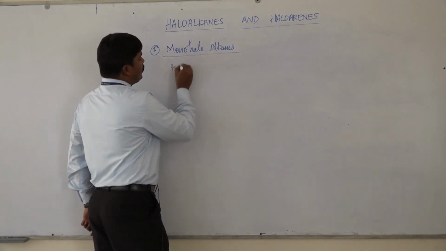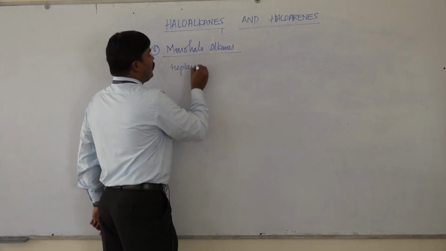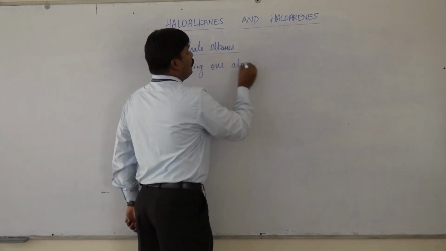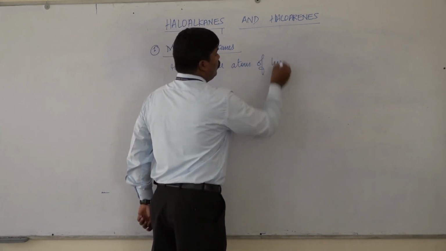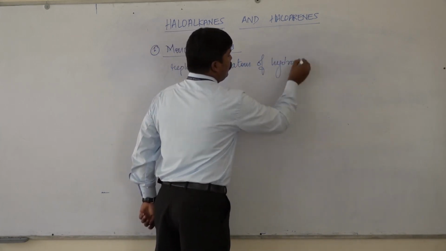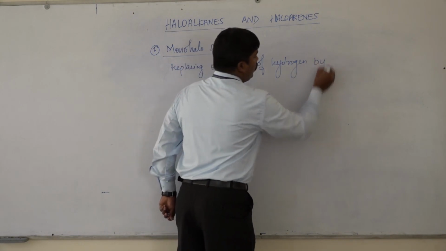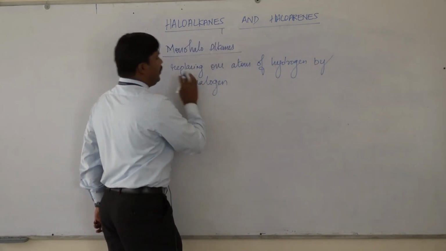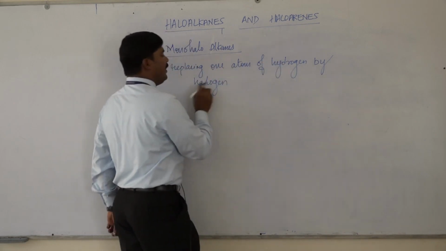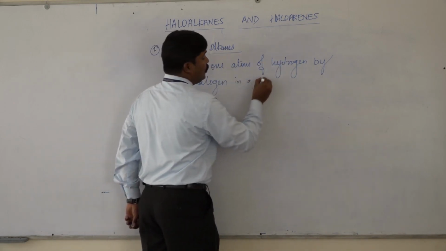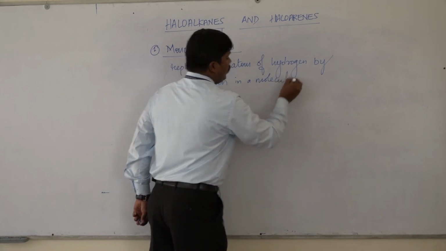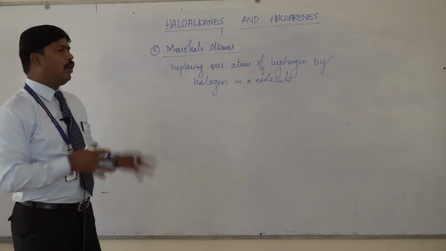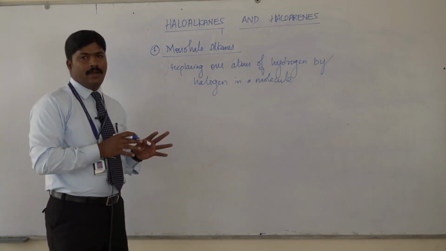Replacement of one atom of hydrogen by a halogen in a molecule is called monohaloalkane, or you can call it a monohalogen derivative of alkanes.